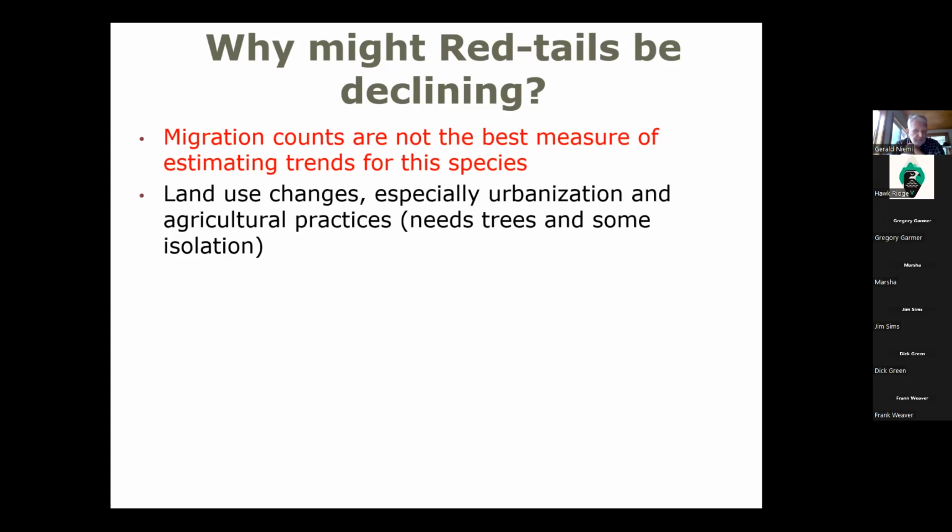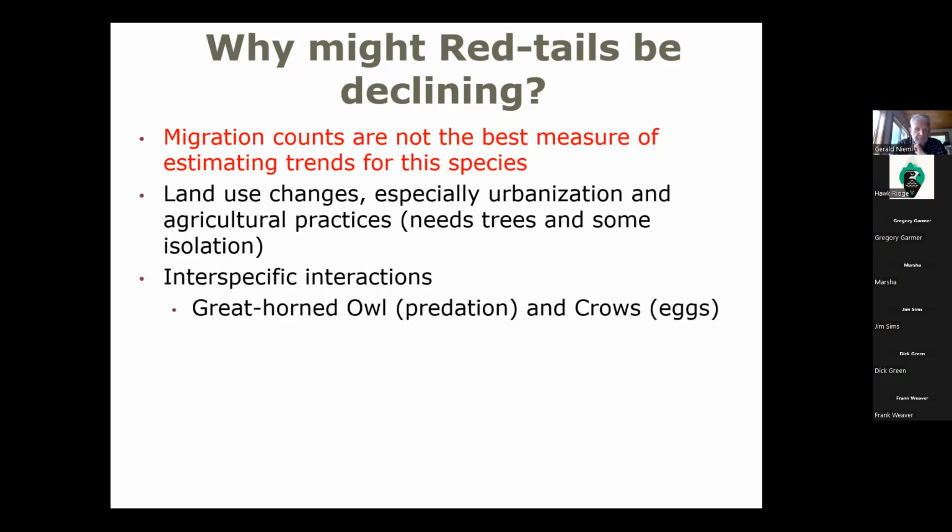But certainly land use changes, especially urbanization and agriculture practice, have affected that species. Red-tailed hawks need trees, both for perch sites and nest sites, and they do need some isolation and not heavy population densities. But I should say that they also are well adapted. If anybody's been driving in the Twin Cities area, for example, red-tailed hawks have become quite common in the clover leaves.